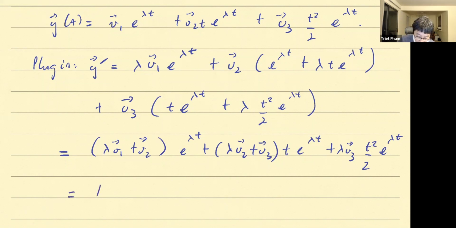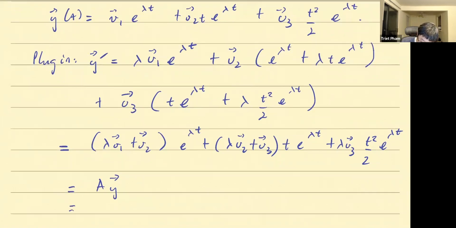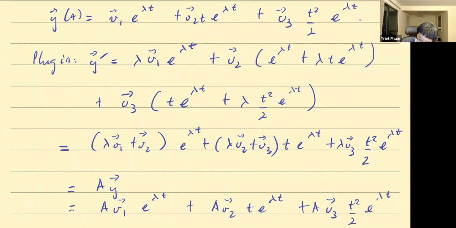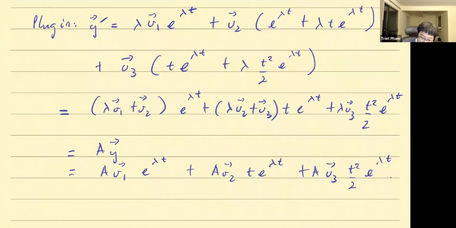Now, obviously, this must be Ay. So, right, take A, multiply with this whole thing. I will get A v1 e to lambda t, A v2 t e to lambda t, A v3 t squared over 2 e to lambda t. Matching terms, you see obviously what system must satisfy.